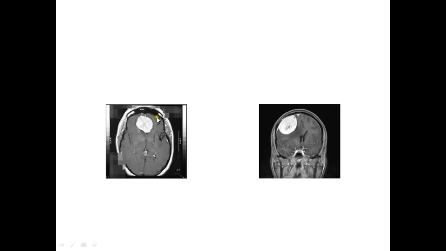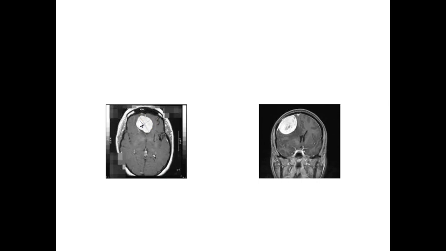If you look at this picture, these are MR images, and here, this is the frontal lobe, this is the temporal and occipital. So this is a tumor which is lying in the anterior cranial fossa, and this is compressing the frontal lobes. So the presentation of this patient will be of two types.